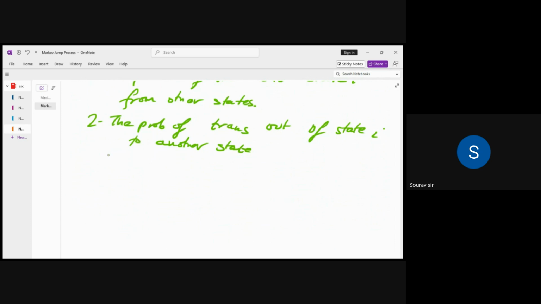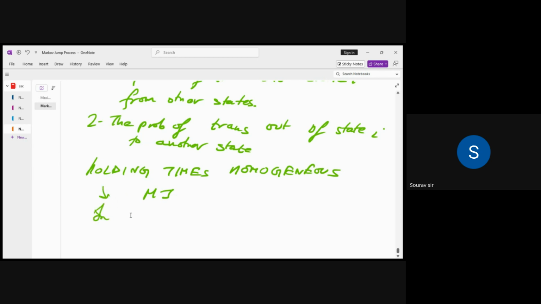So holding time, occupancy we did. Now holding time for a homogeneous Markov jump process. So what is that?